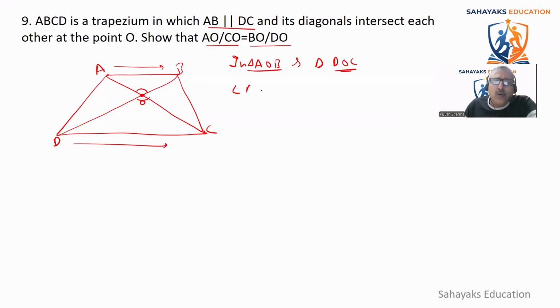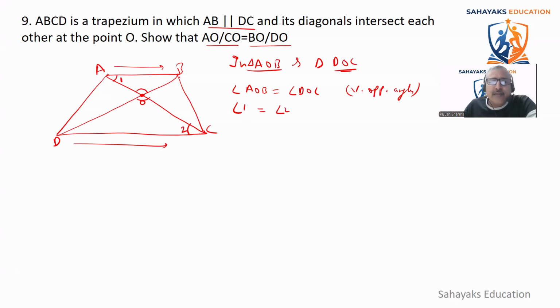Angle AOB is equal to angle DOC. This is vertically opposite angles. Now, I also know that angle 1, which is marked here, is equal to angle 2.